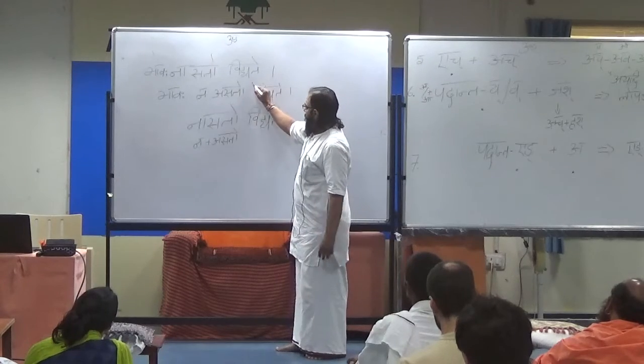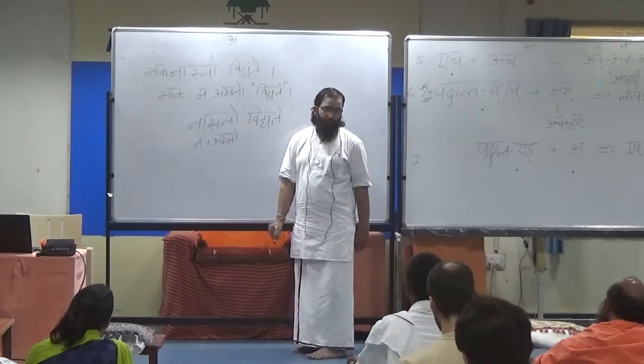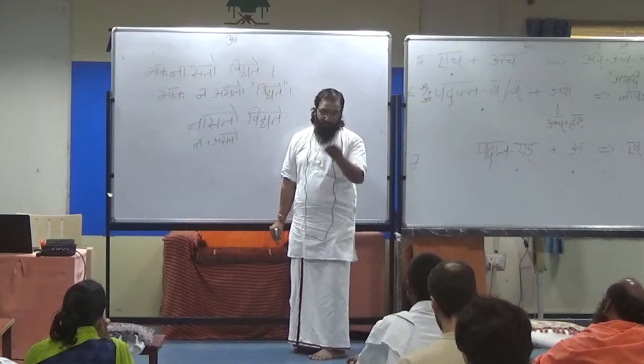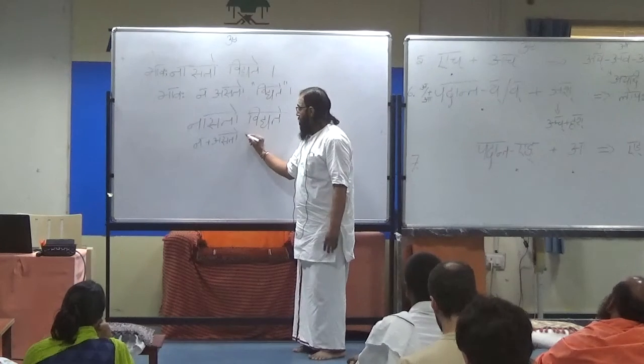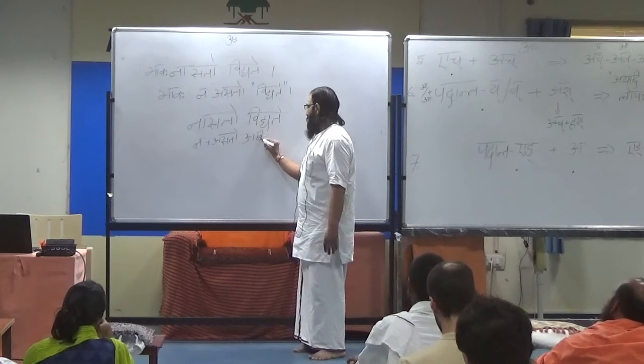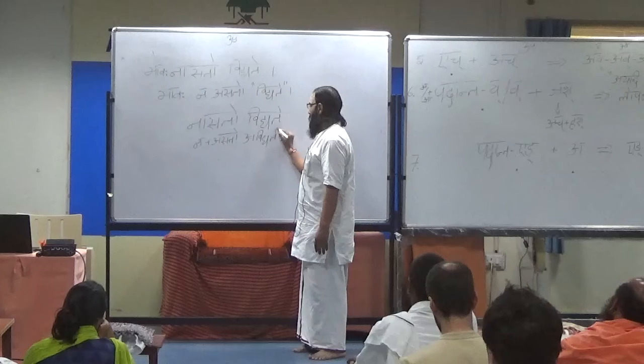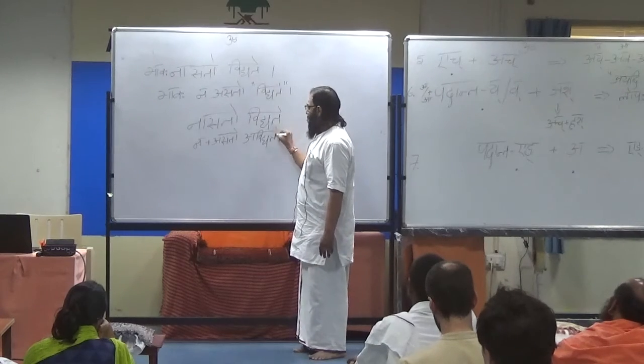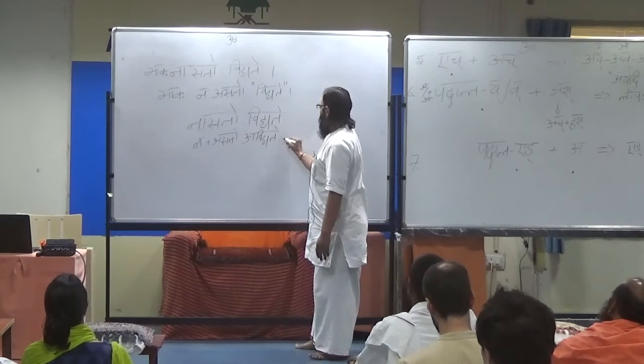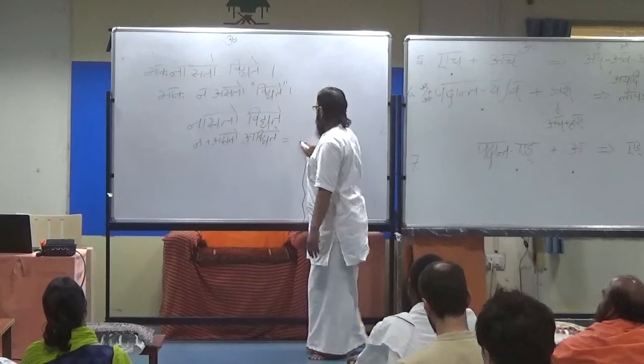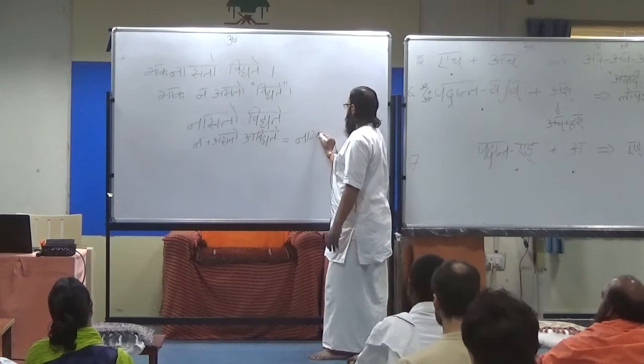We took the word vidyate as vidyate only, right? But as he pointed out, it could be avidyate also. Possible, right? Nasato avidyate. So what will happen? Na plus asato becomes nasato.